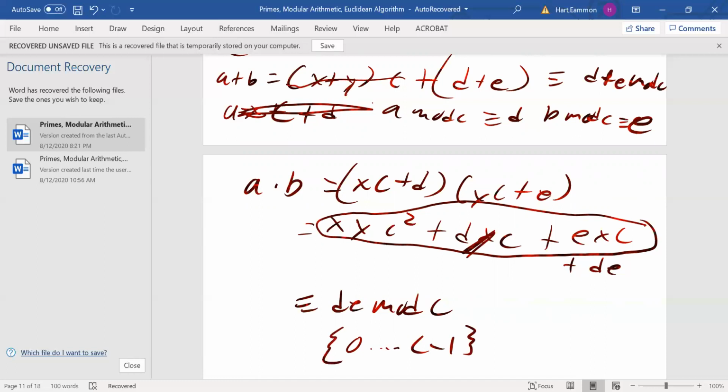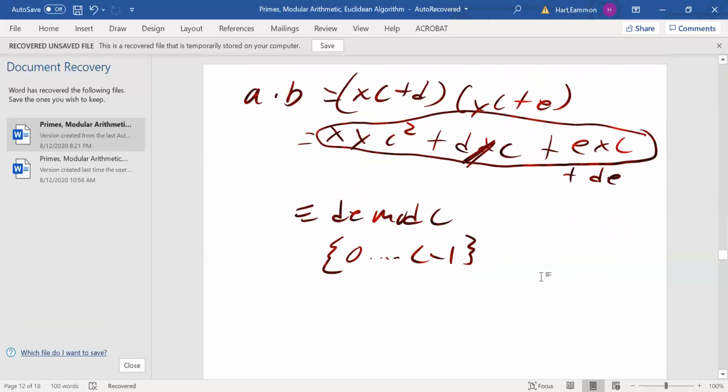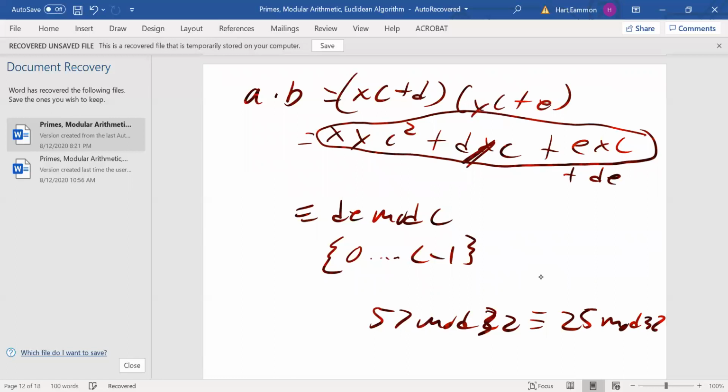If I were to write 57 mod 32, that is congruent to 25 mod 32. This is just the more natural way of writing it, but this is also valid because these guys are in the same equivalence class. So you basically have two different methods of writing your answer.